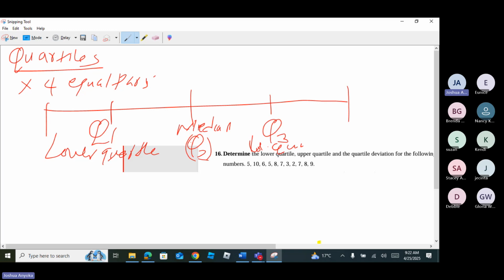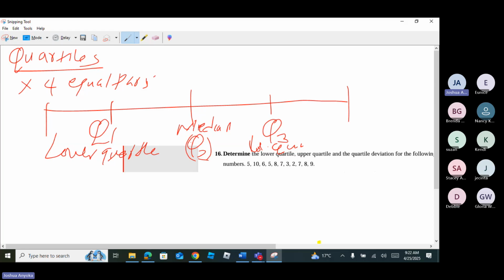But when it comes to ungrouped data, we have to be a little bit careful. We investigate and see the value of n. So what is required of us is to arrange this data in ascending order. I want it in ascending order, not descending.